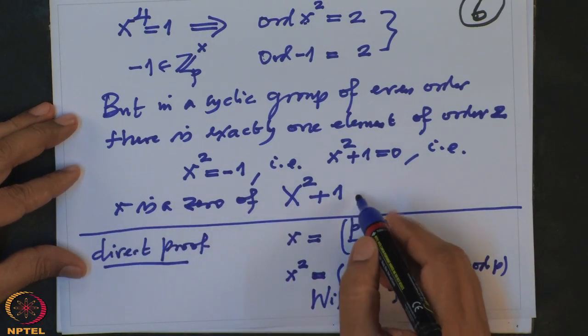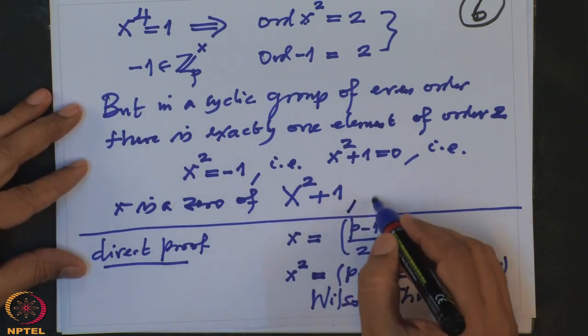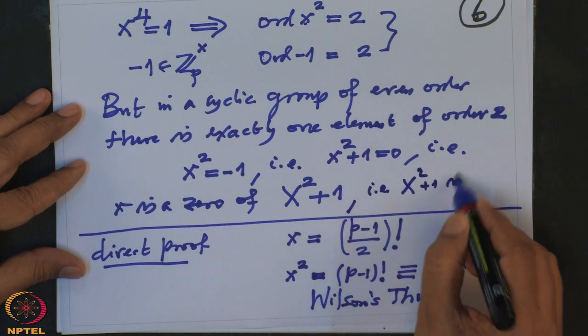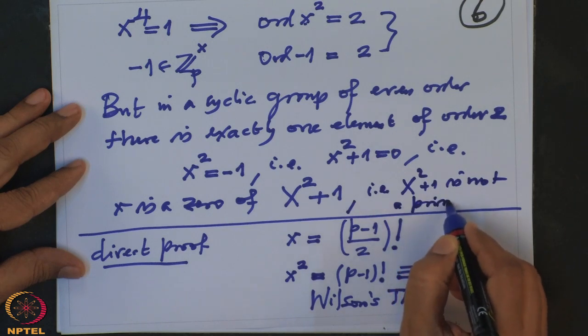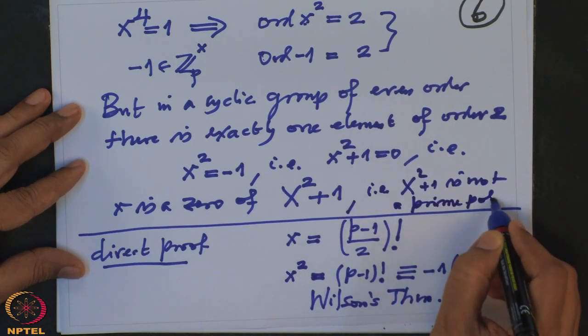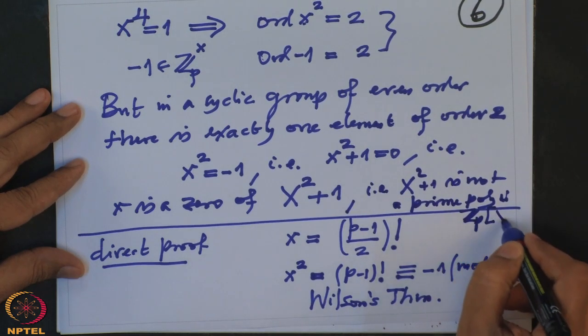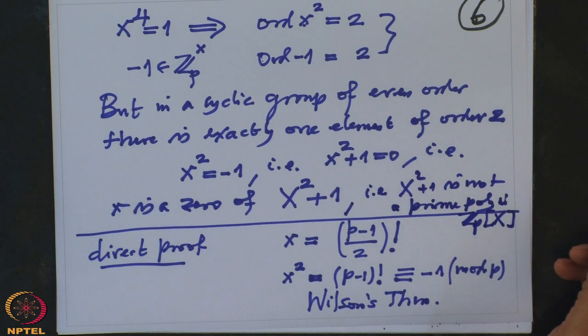That means x square plus 1 is not a prime polynomial in Z mod P x. This is a contradiction to our assumption. Therefore, P cannot be congruent to 1 mod 4. Therefore, P has to be congruent to 3 mod 4. So, altogether we have proved the lemma.